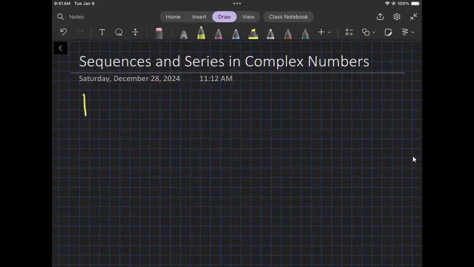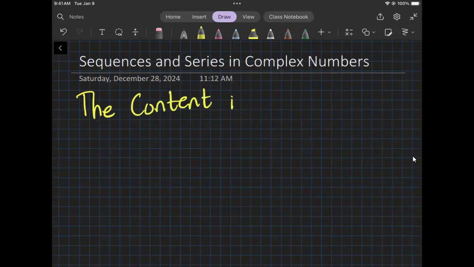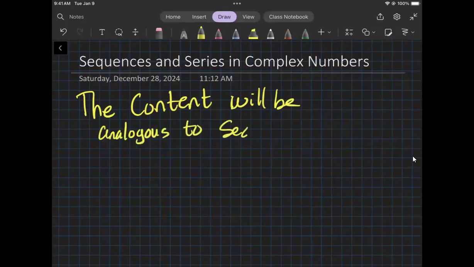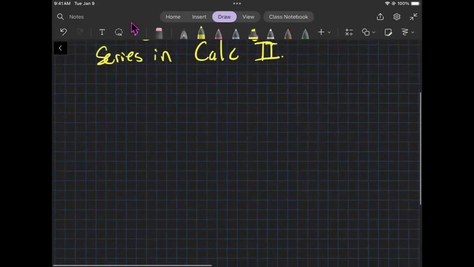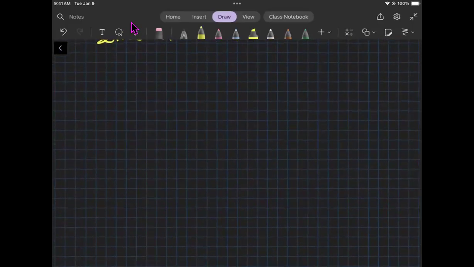So just real quick, the content will be similar, analogous to sequences and series in Calc 2, where they talk about sequences and series. So let's discuss what a sequence is in terms of the complex numbers.